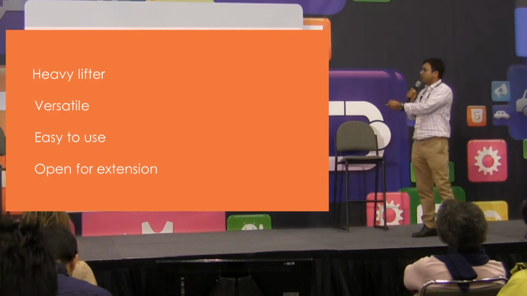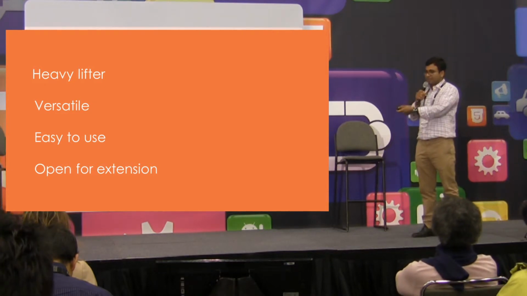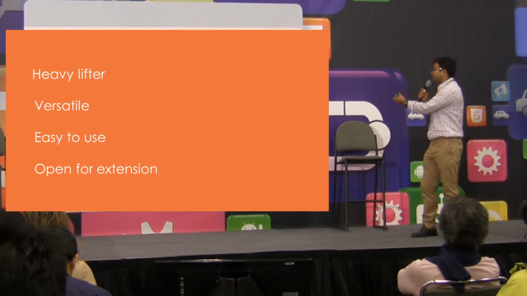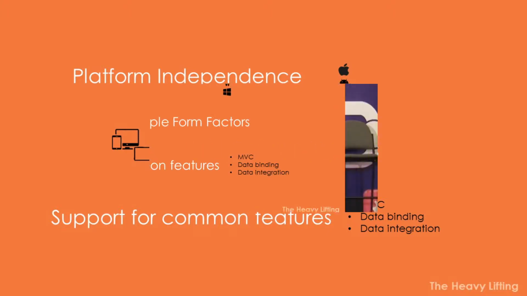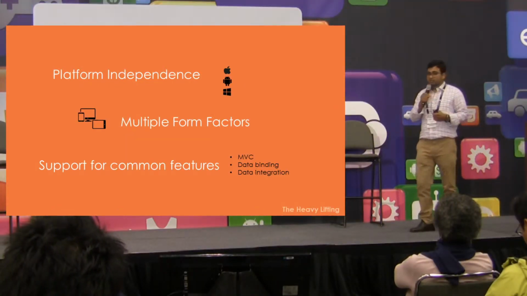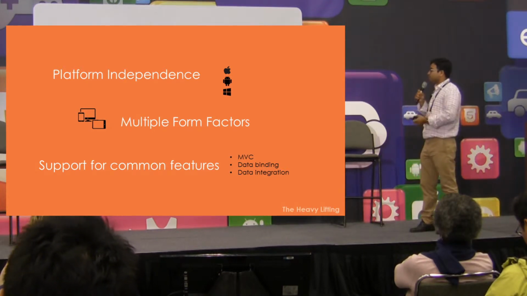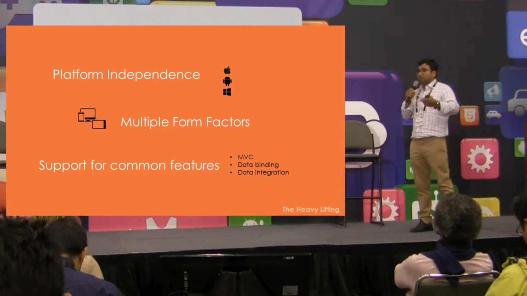Taking these 4 points and applying them to a mobile application development platform. The first thing is the heavy lifting. What is the heavy lifting that we need from a MADP? We need platform independence. We shouldn't have to be concerned about writing specific code for specific platforms. That's just out of the box. And multiple form factors.